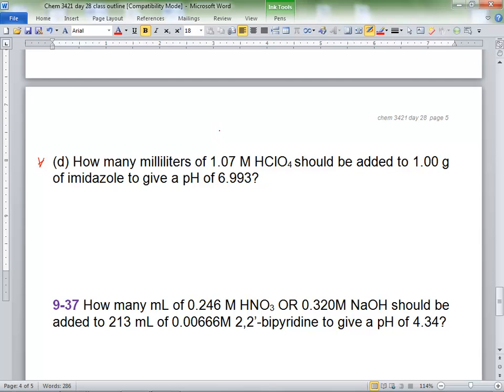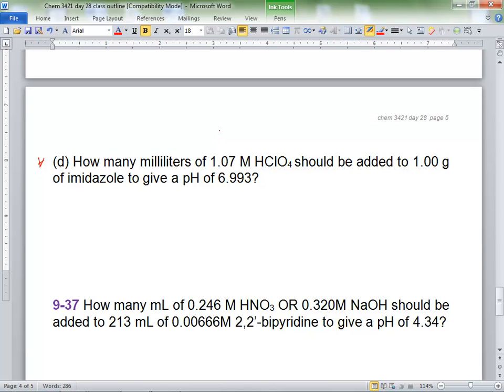You just have to realize, I want exactly half to be in the conjugate base and half to be in the conjugate acid. So pretty much, you add enough to react with how many grams of imidazole? 0.5. Then you stop. So that's how you work out part D.